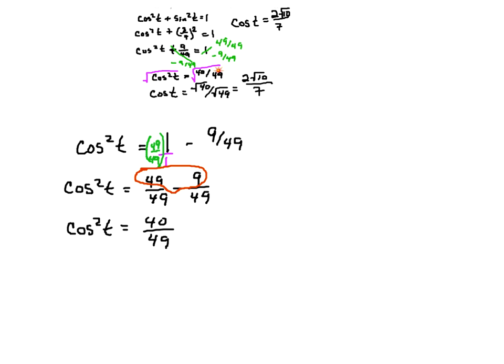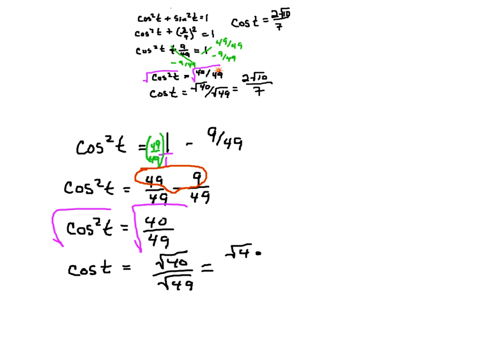I have no interest in what the cosine squared of t is. I want to know what the cosine of t is. So I need to take the square root of both sides. And when I do that, I get the square root of something squared on this left side, so it's just that thing. Cosine of t equals the square root of 40 divided by the square root of 49.